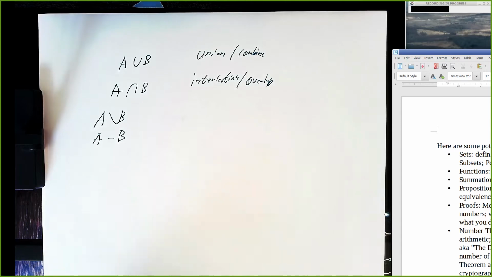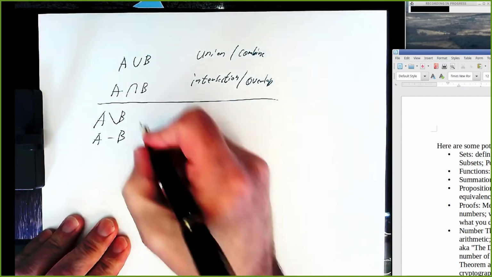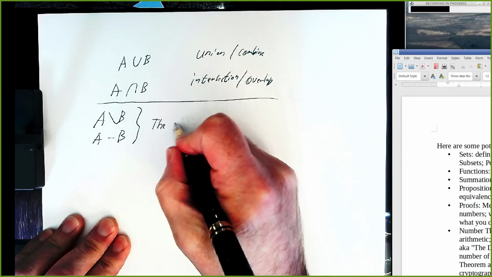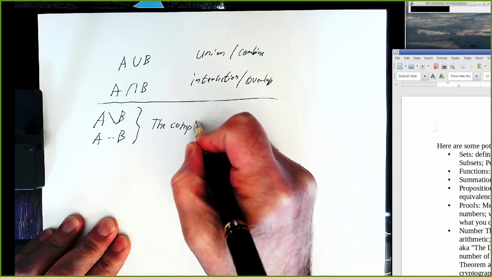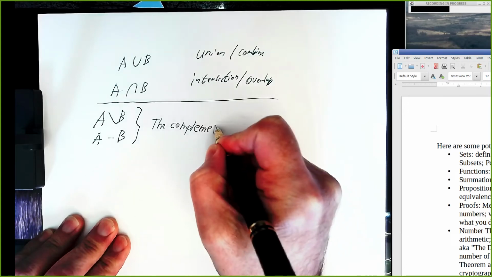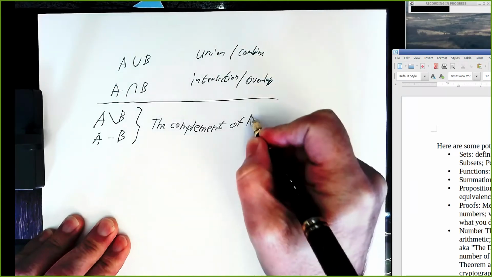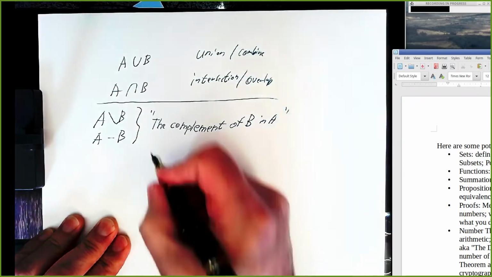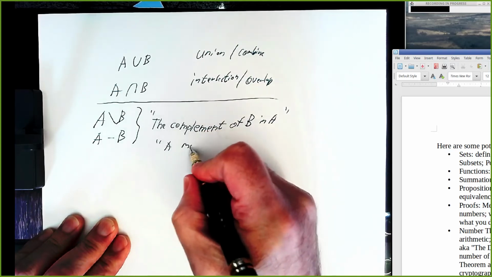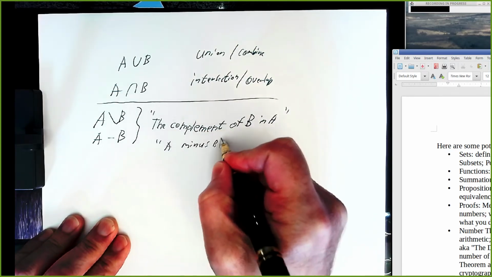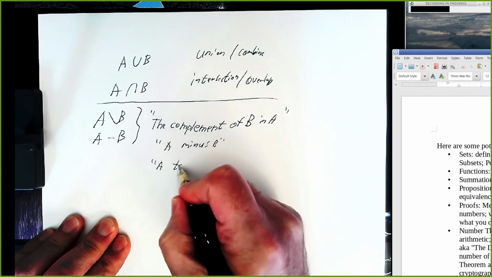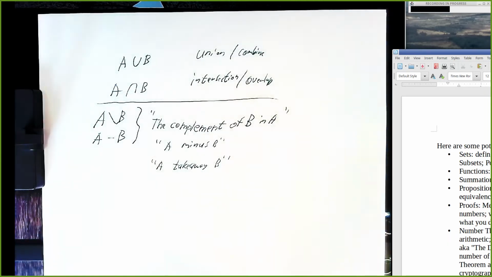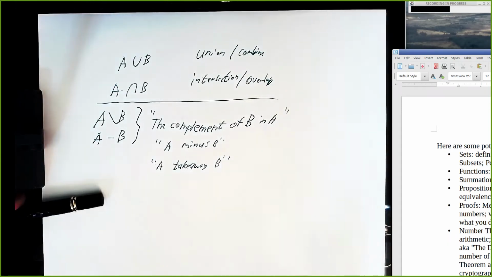These two symbols are for subtraction or complements. These are both the complement of B in A. Or sometimes we might call it A minus B, or A take away B. But it's not a mathematical subtraction operation.